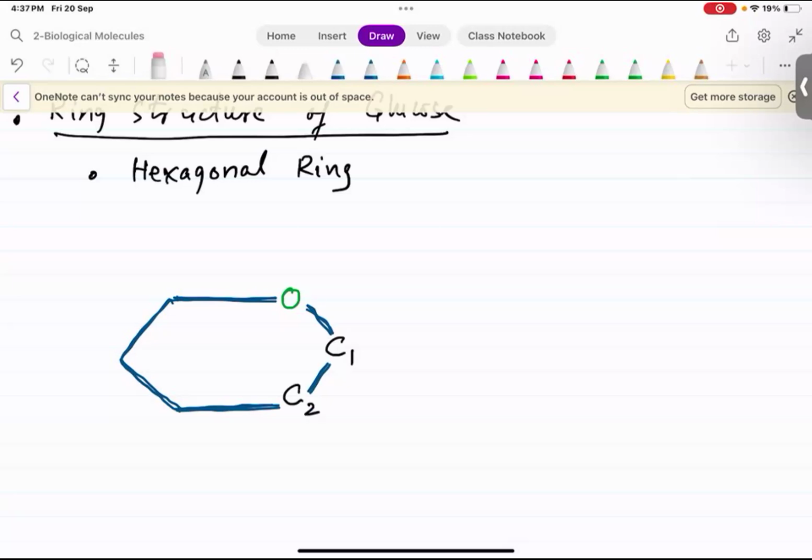Here you have carbon number 3. You have carbon number 4, and this is carbon number 5. There is another carbon which is out of the ring, and this is called carbon number 6. Can you draw this?